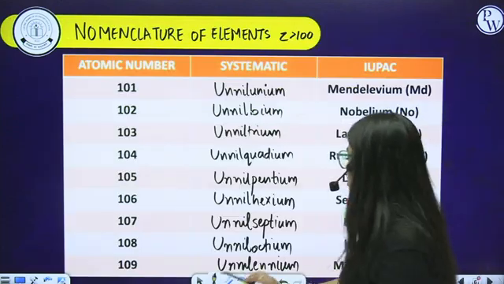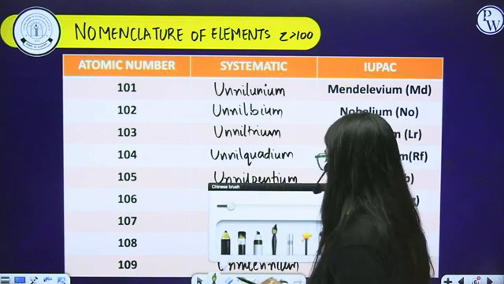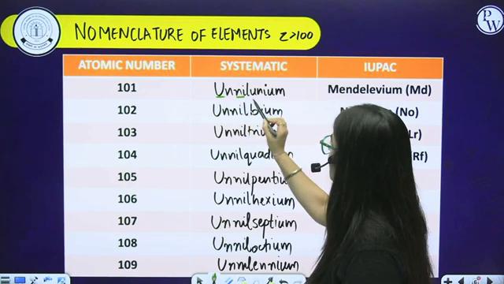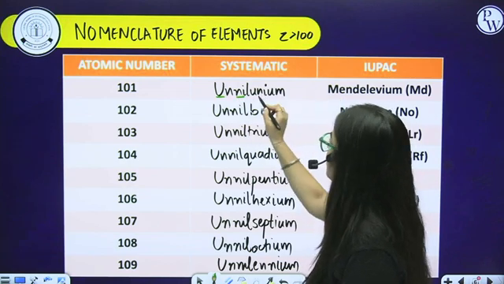Now, let us write the symbols for these as well. For 101, this is the initial letters which I am underlining over here so that it is quite clear to you.